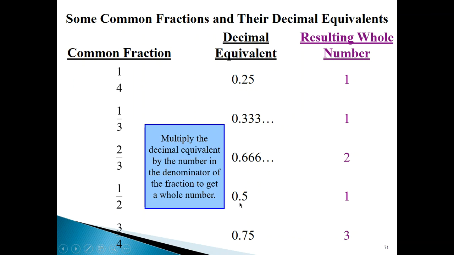If you have a 5 after the decimal point, you multiply by 2. And if you have a 7.5 after the decimal point, you multiply by 4. And these would be the resulting whole numbers from that exercise. We're going to see some examples in class so that you'll see more clearly what is being done here.